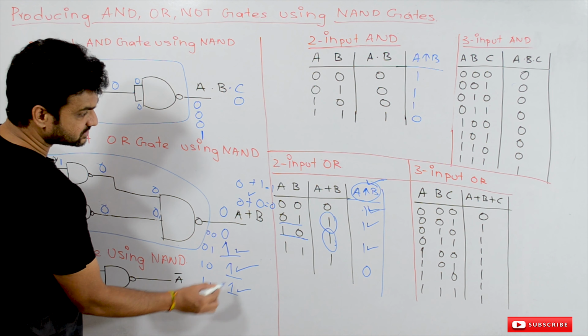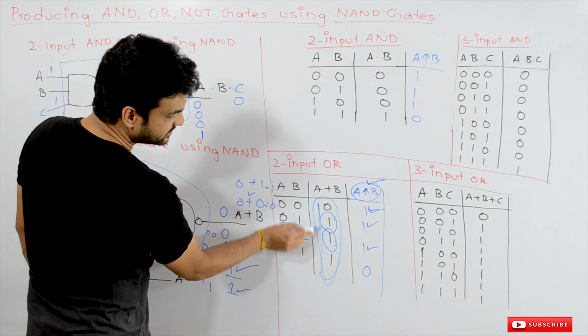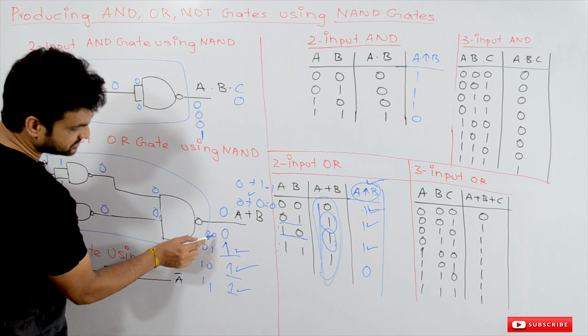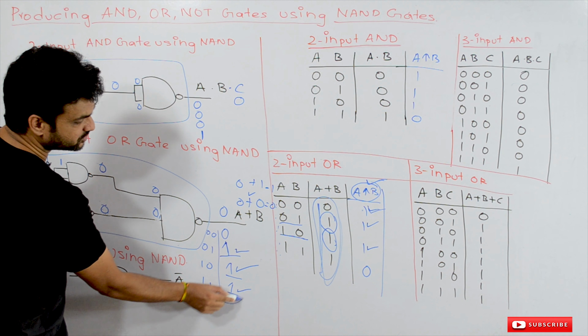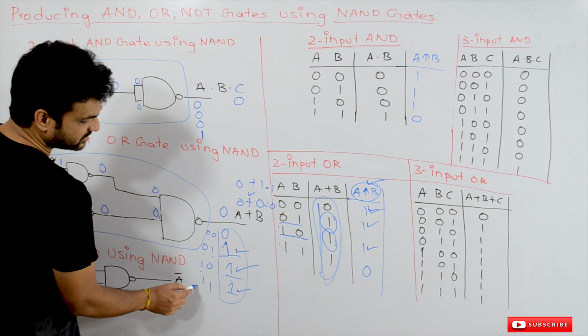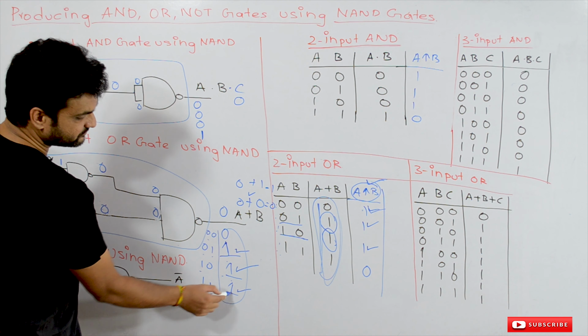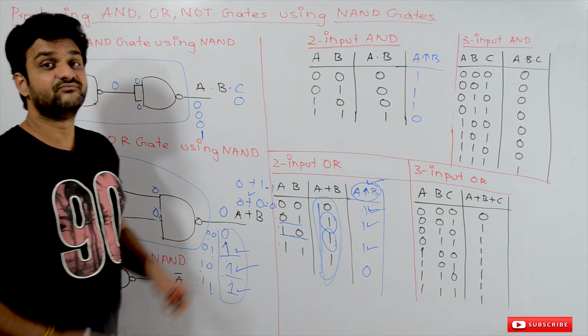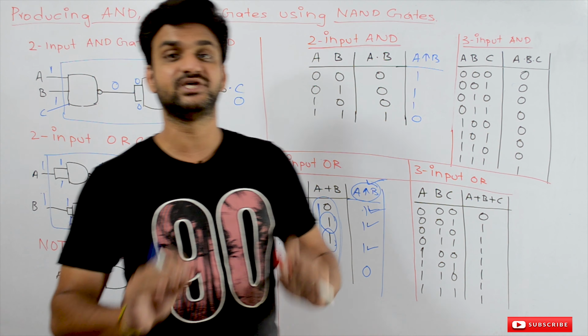What are the outputs generated for the OR gate? For all these combinations, the outputs are 0 1 1 1. Similarly, we have got the same outputs: for 0 0 we got 0, for 0 1 we got 1, for 1 0 we got 1, and for 1 1 we got 1. So this circuit is an OR gate produced by using NAND gates.